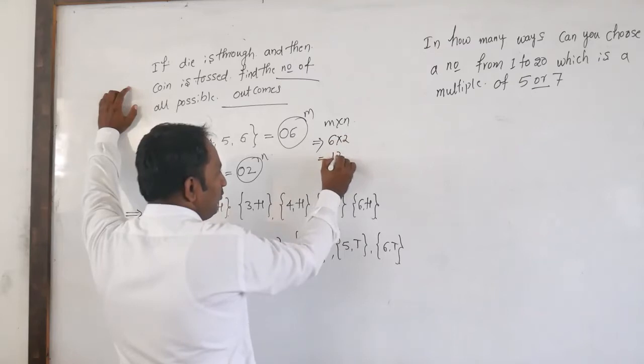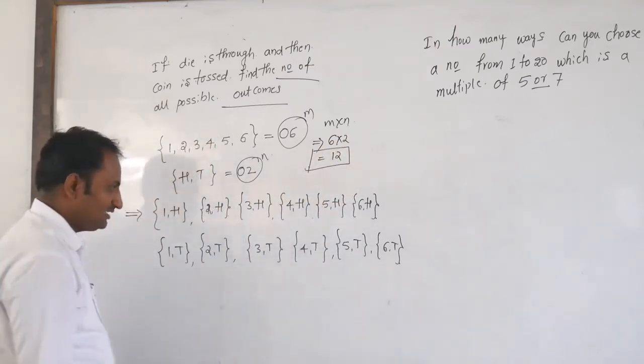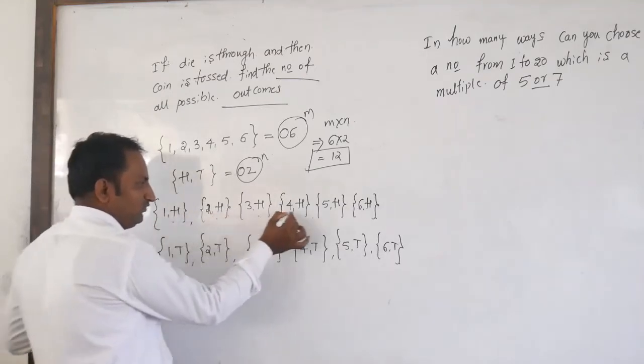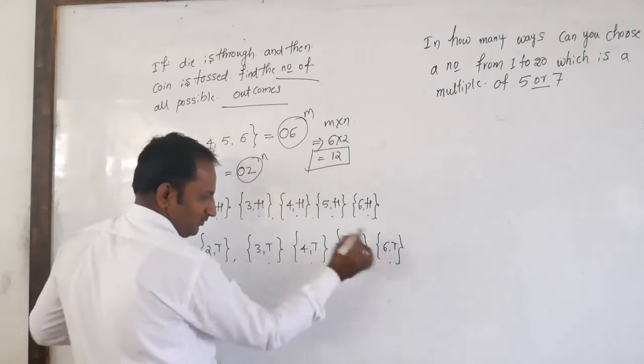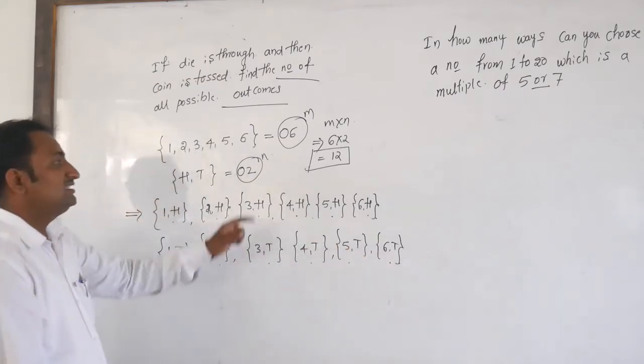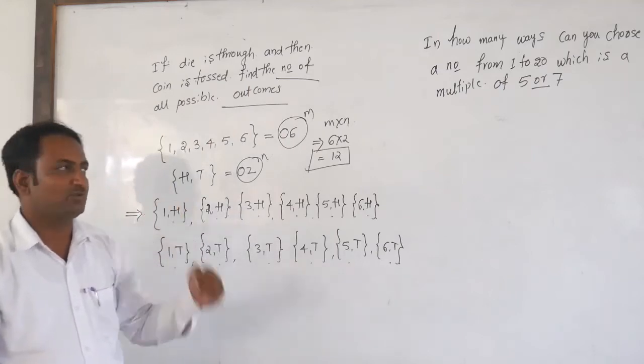There are 12 ways to arrange these elements: 1, 2, 3, 4, 5, 6, 7, 8, 9, 10, 11, 12. This is the fundamental principle of counting for the multiplicative process.